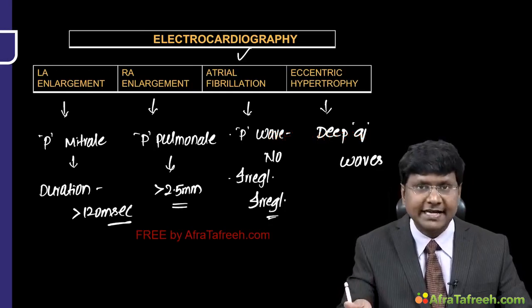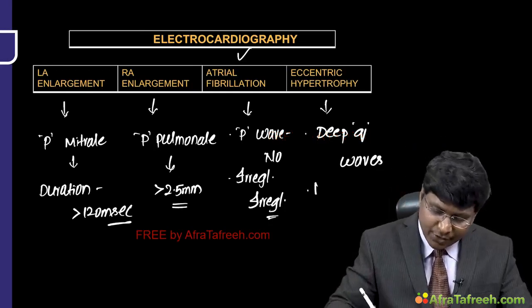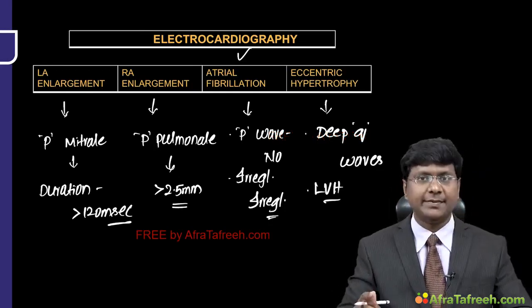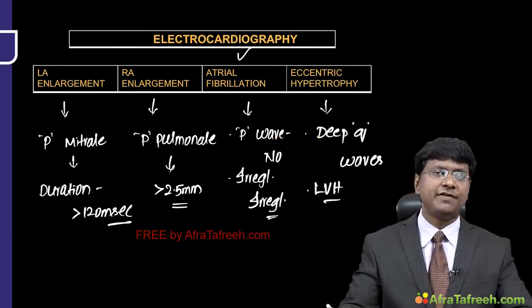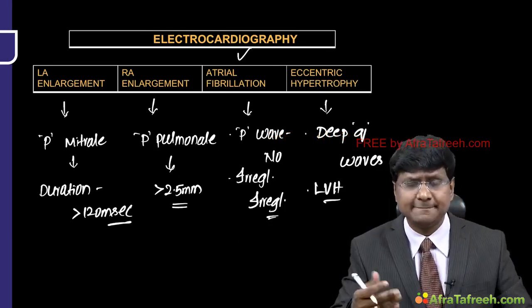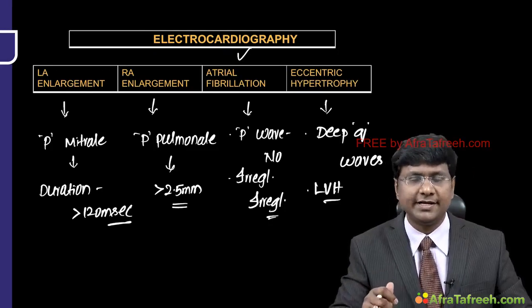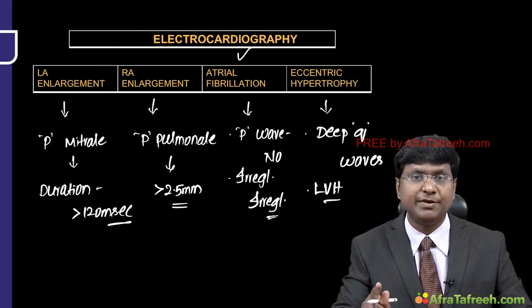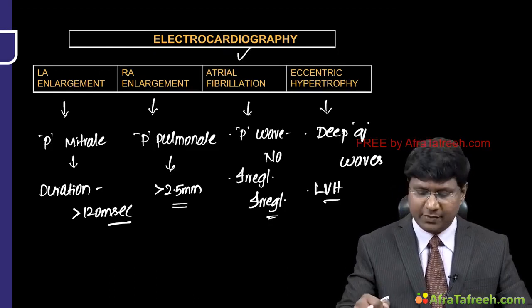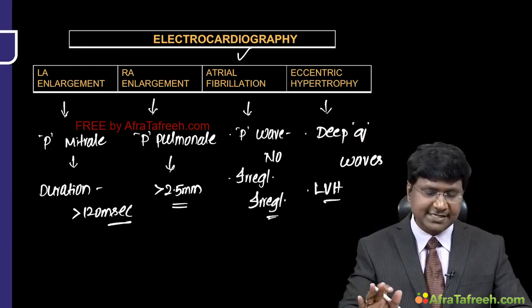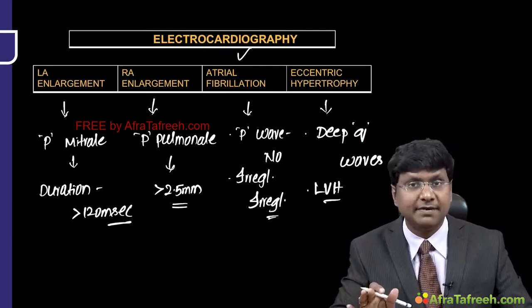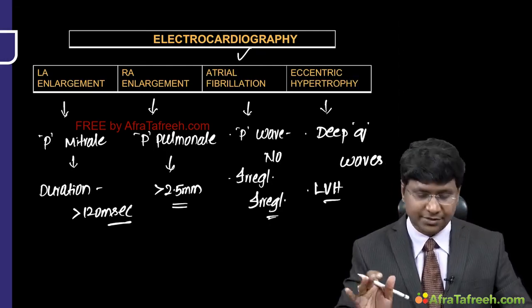Along with that you will have the features of left ventricular hypertrophy. So what are the features of left ventricular hypertrophy? It should satisfy the Sokolov-Lyon criteria, that is SV1 plus RV6 should be more than 35 mm, and along with that there will be deep Q waves. So these are the ECG changes that you will observe in patients with mitral regurgitation.